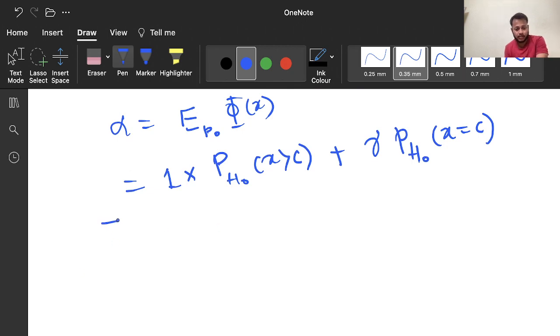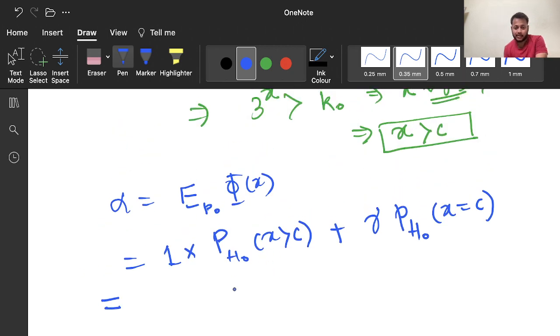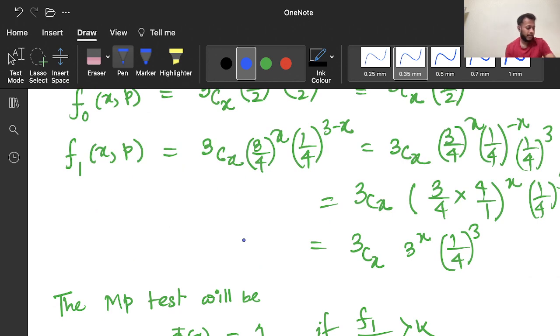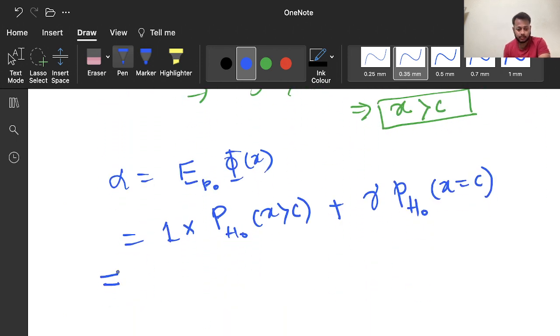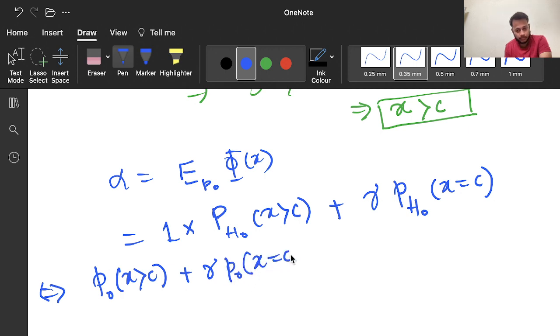Now let's calculate it. So we know that under the h0, what is the probability distribution? So this means P under 0 of x greater than c plus gamma P0 of x equal to c is 0.05.